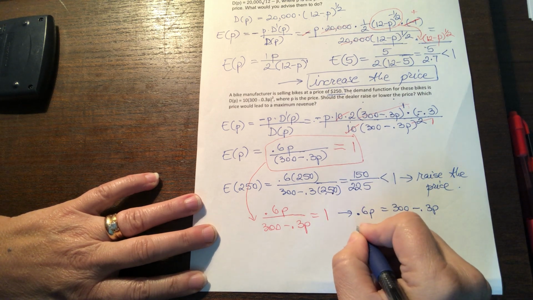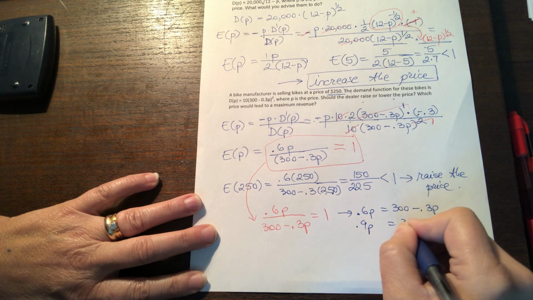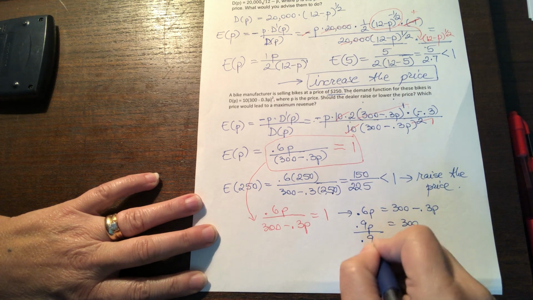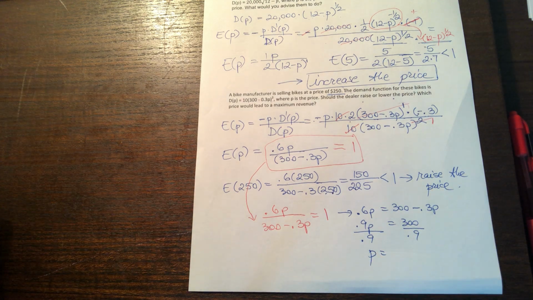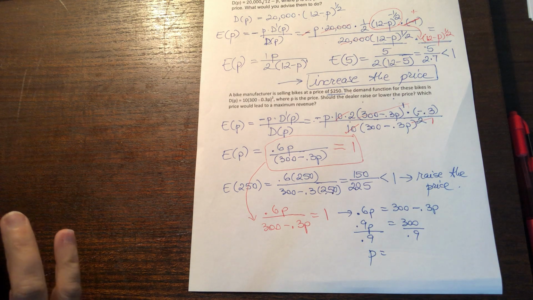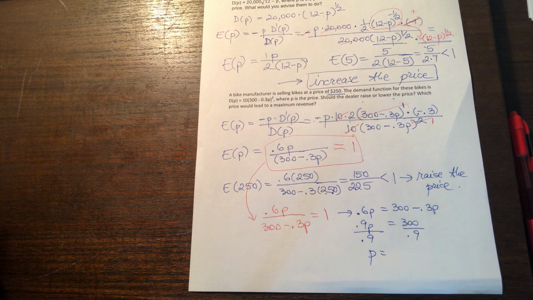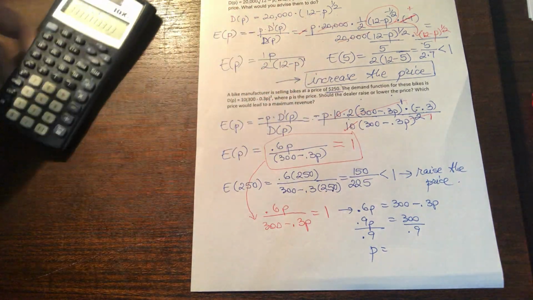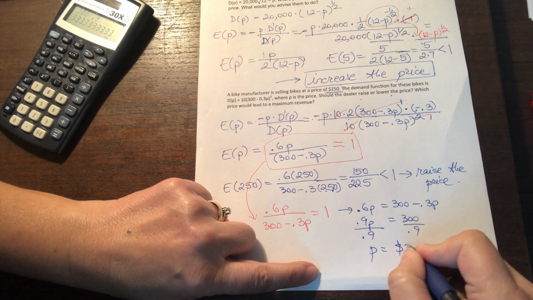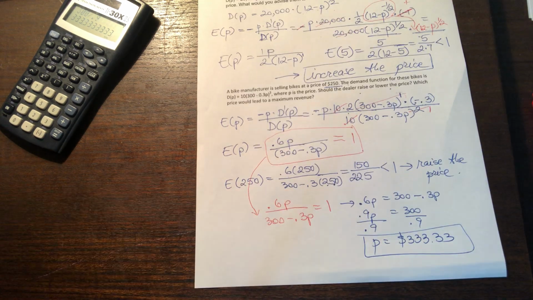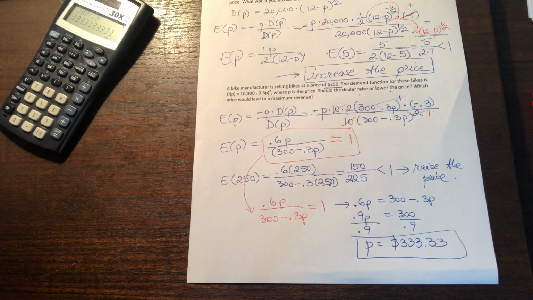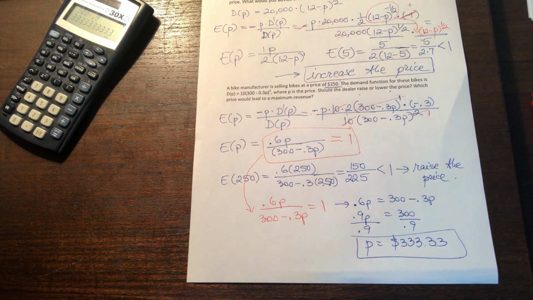Get the p's to one side and divide by 0.9. So that should be 300 divided by 0.9, which makes it $333.33. So that's the best price, where the manufacturers are going to make the highest amount of revenue. Okay, so we're done.